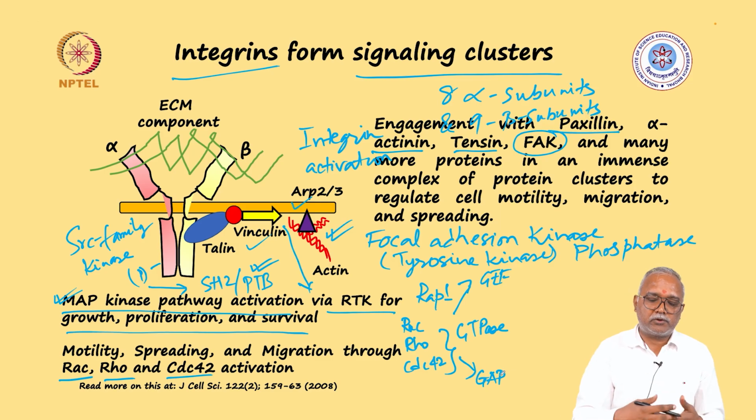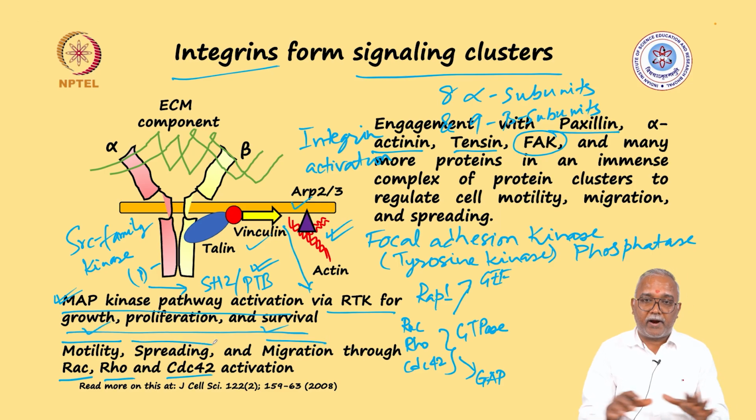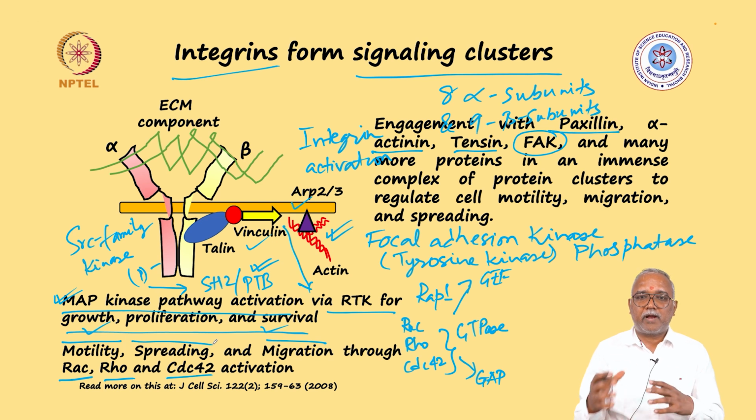So in response to the extracellular environment signals and so on, it ensures that these different pathways are activated to help regulate the motility, migration, growth, survival and spreading of the cell, because sometimes when a cell is undergoing division, it has to detach from the substratum and then it has to spread further.